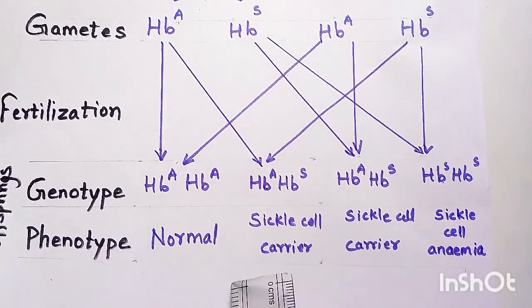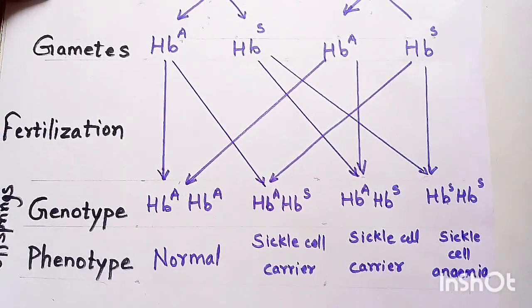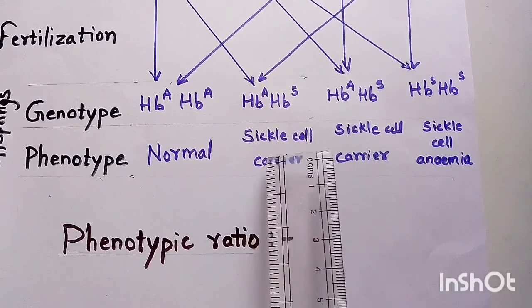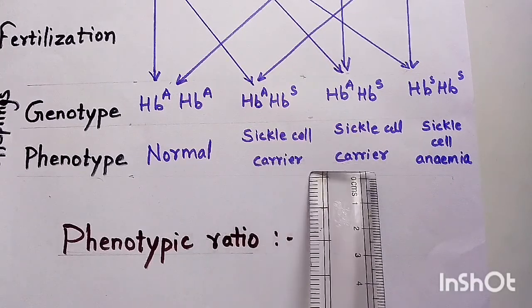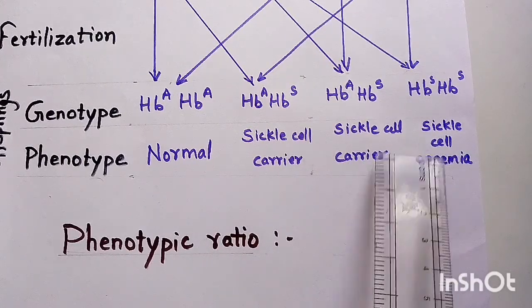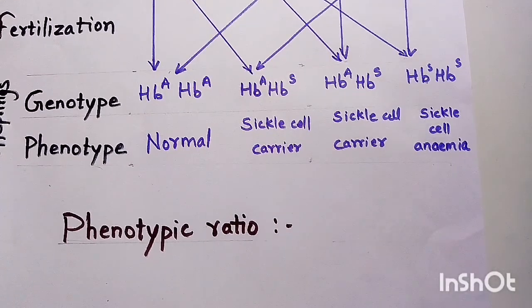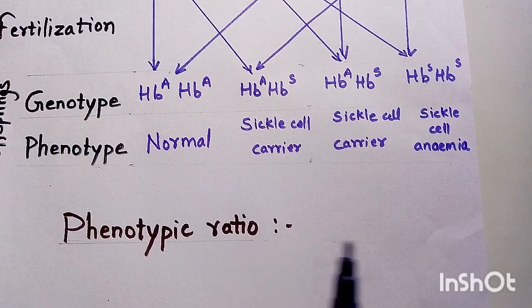Now there are 4 offspring that are produced. The first offspring is normal, the second and third offspring are carriers, and the last one has the disease, that is sickle cell anemia. Now we have to calculate the ratio.